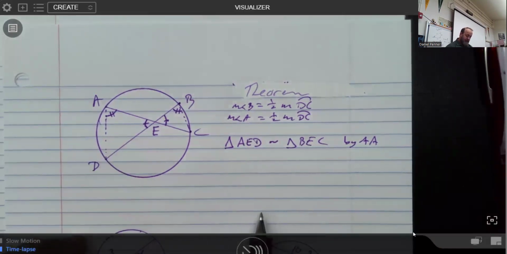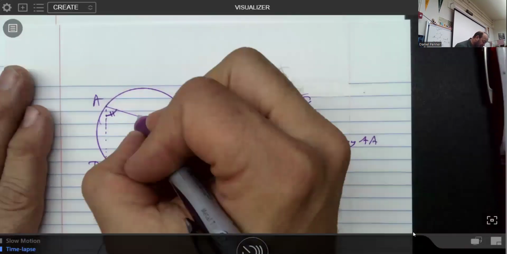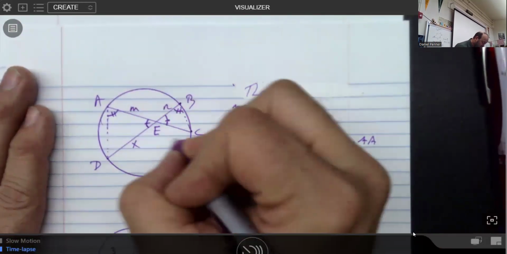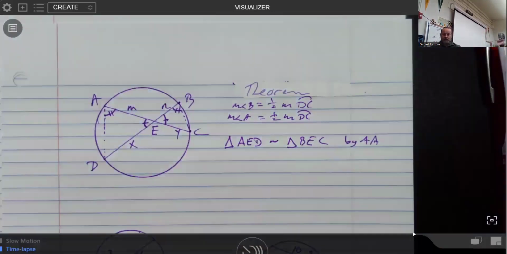I want to be a little cautious about what letters I use. Let me call this one M, this one N, this one X, and this one Y, those length segments. I sometimes like to use A, B, C, D, but I have already used those, and I don't want to be confusing about that.